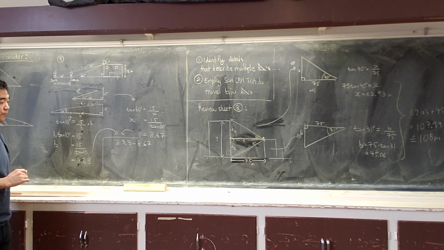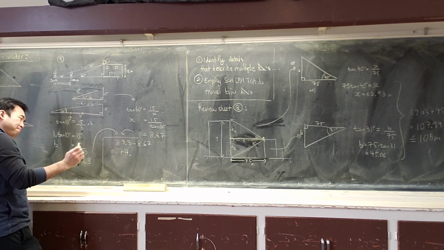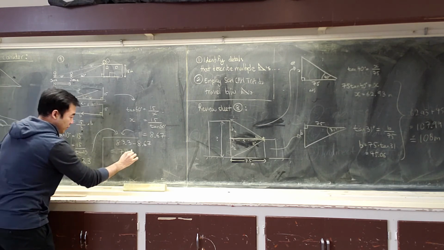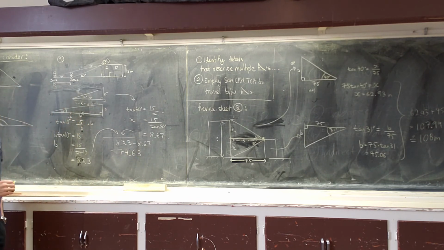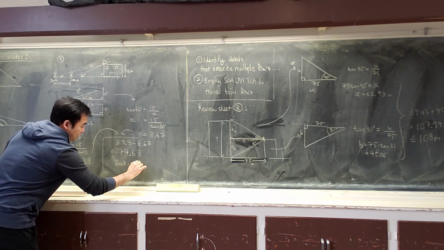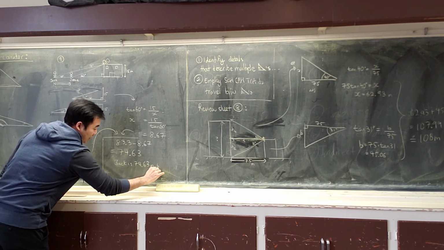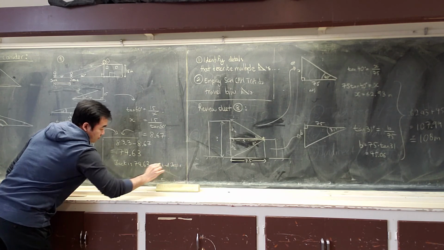Work that out. 74.63. So the gap is approximately 74.63 meters behind Jesse.